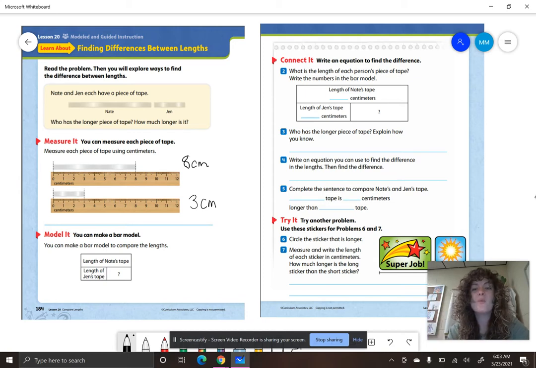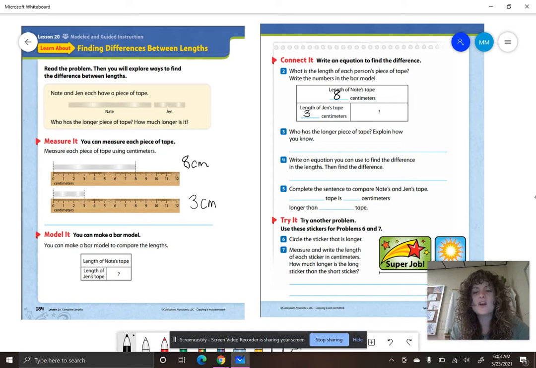It says, what is the length of each person's piece of tape? Write the numbers in the bar model. So Nate's piece of tape was how many centimeters? 8 centimeters. Now, Jen's piece of tape was 3 centimeters.